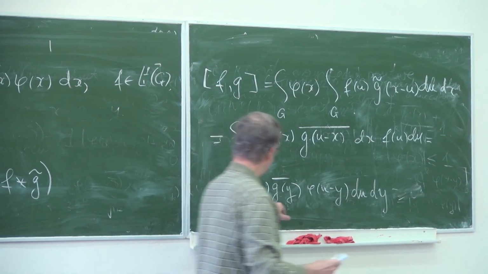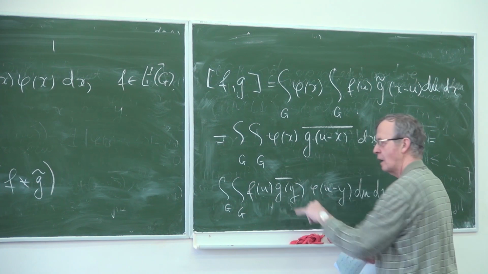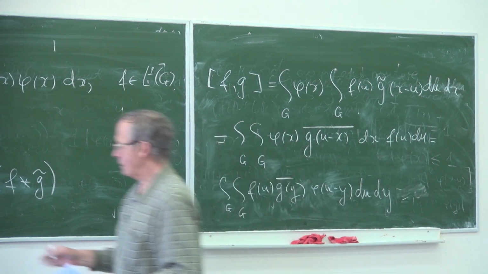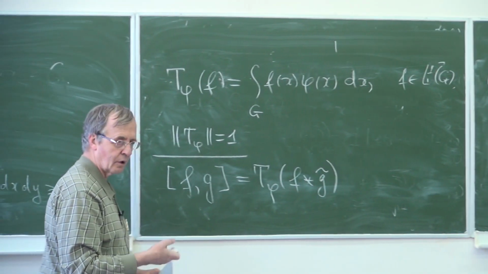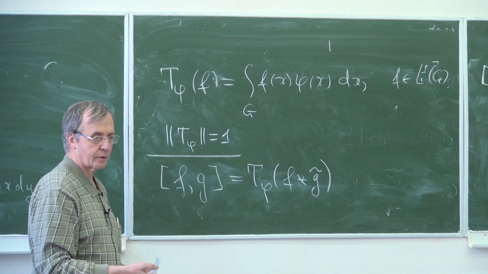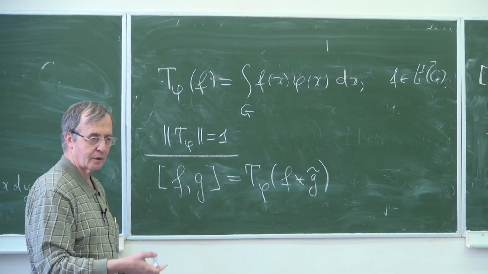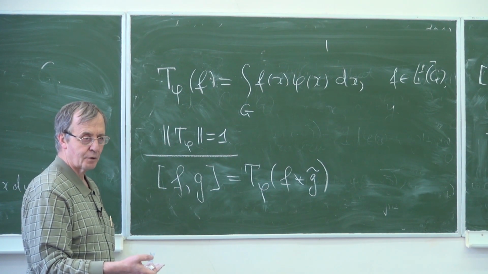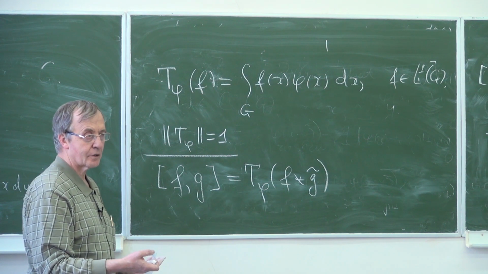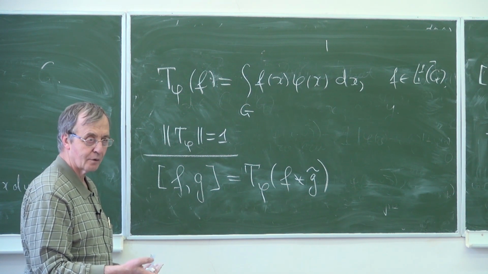And when f is equal to g, this is non-negative. So this is a sesquilinear form satisfying all properties of a scalar product, except non-degeneracy maybe. So we may write the Cauchy inequality for this form.